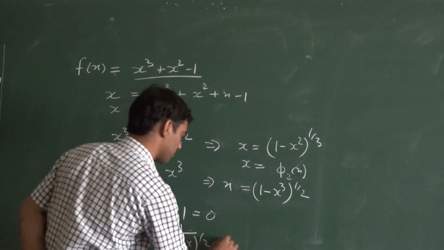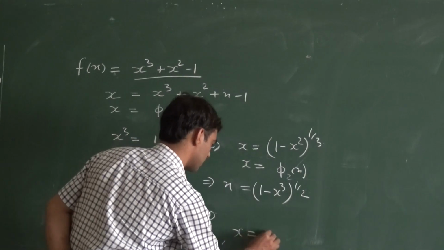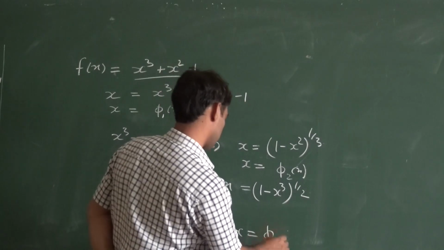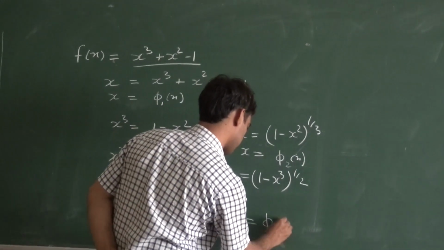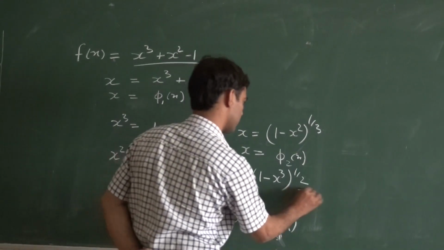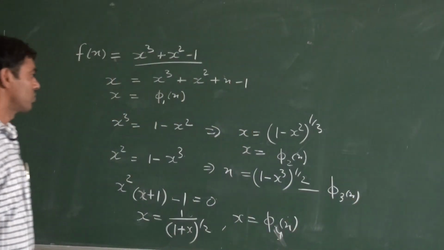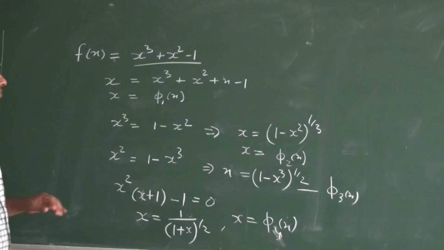This is another form of x equal phi x. Suppose this is phi 4 x, and this one is phi 3 x. So there are different forms of phi x.